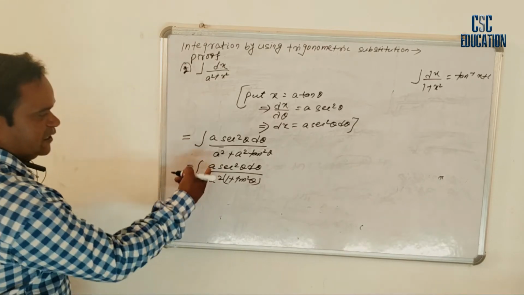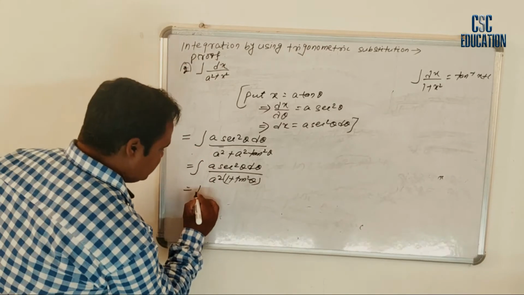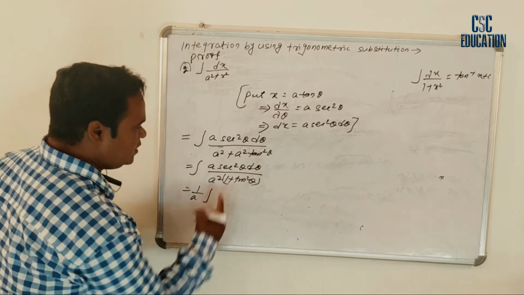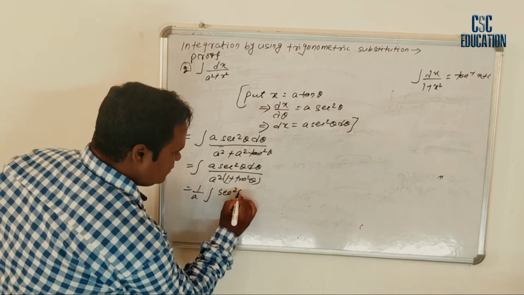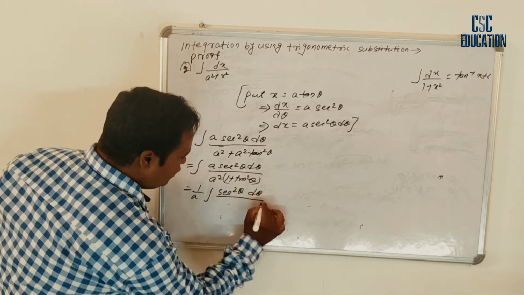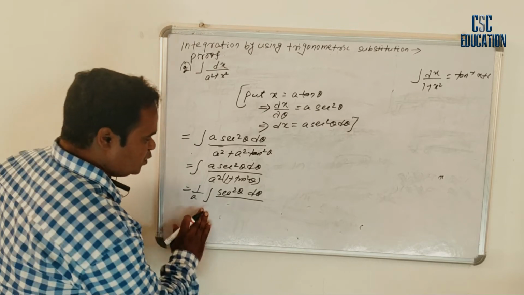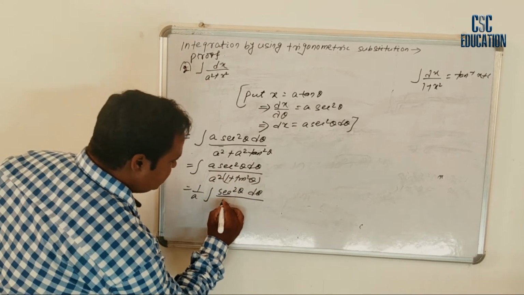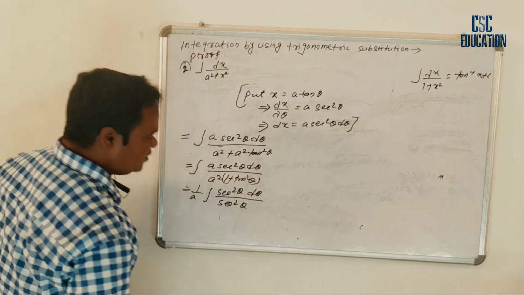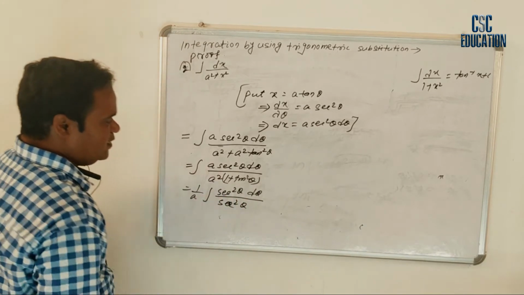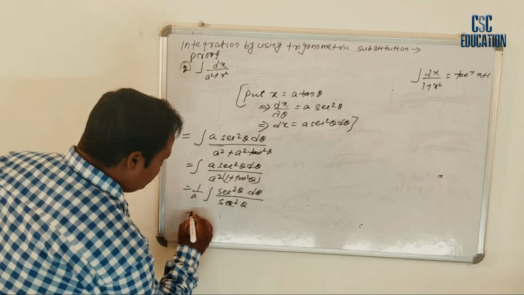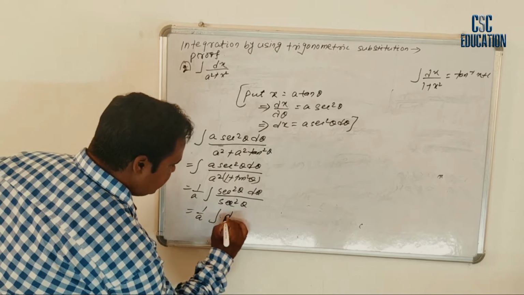Here the a cancels out, a divided by a square, that means 1 by a is a constant in common, times sec square theta d theta. We know by the trigonometric relation that 1 plus tan square theta is sec square theta. Now sec square theta cancels out. Here we have 1 by a times the integration of d theta.